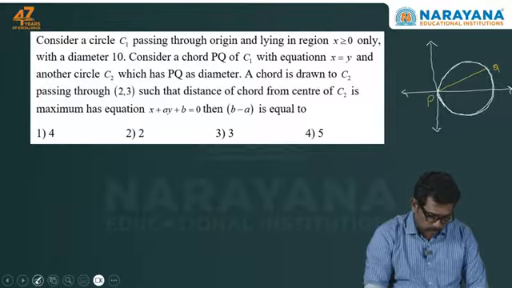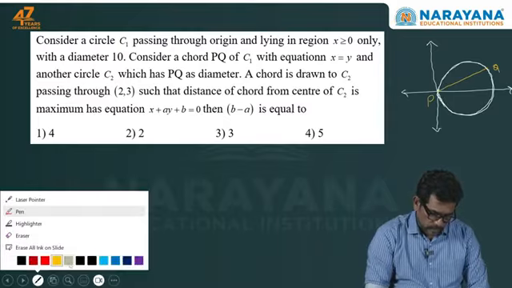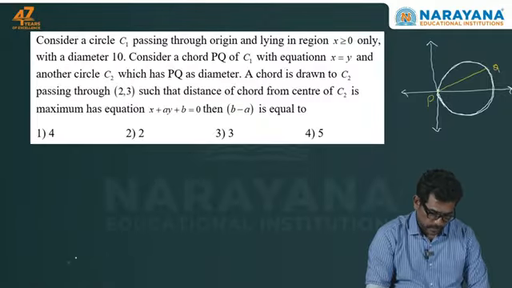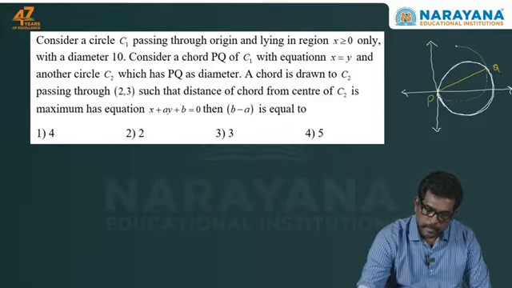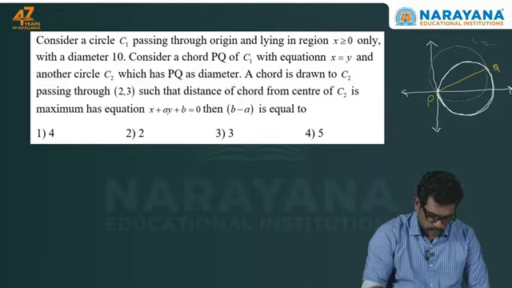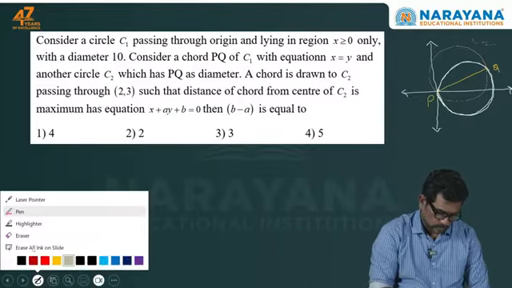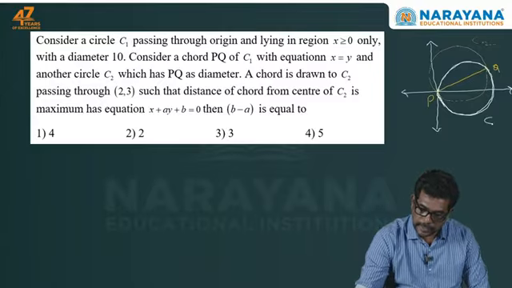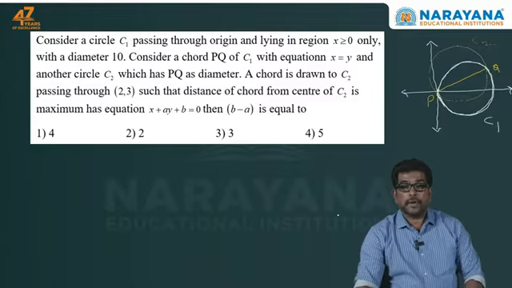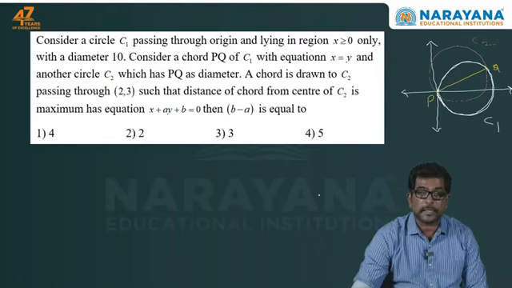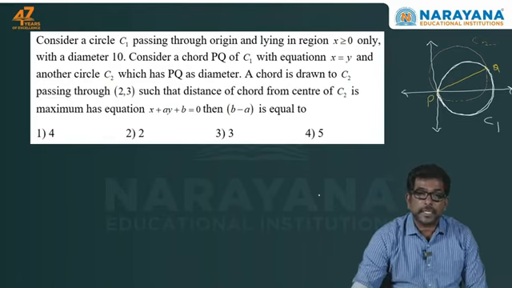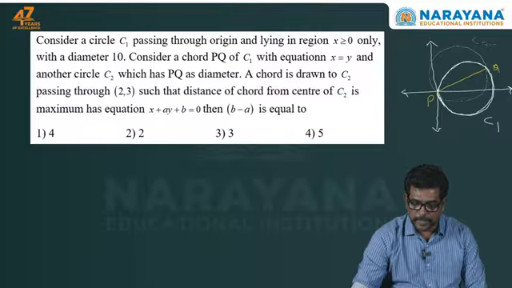One more circle is drawn here, for which PQ is the diameter. This is the second circle, C2, and this is C1. Now C2 has the diameter PQ.